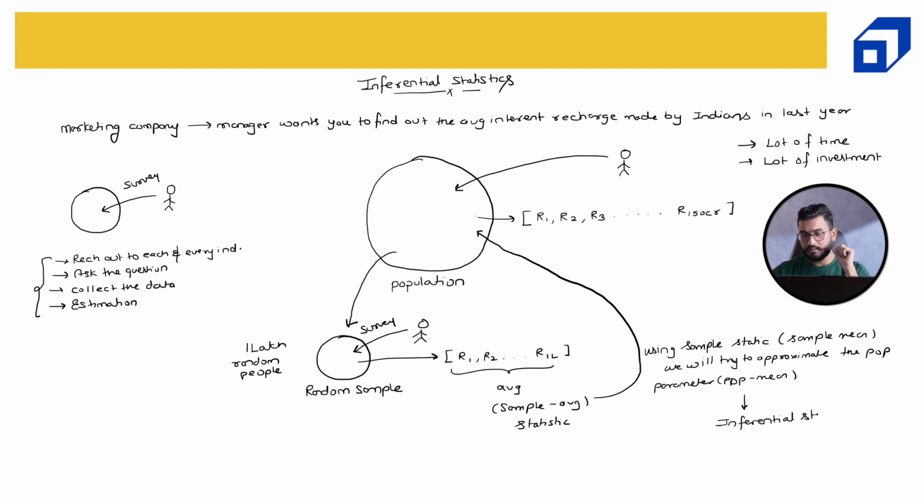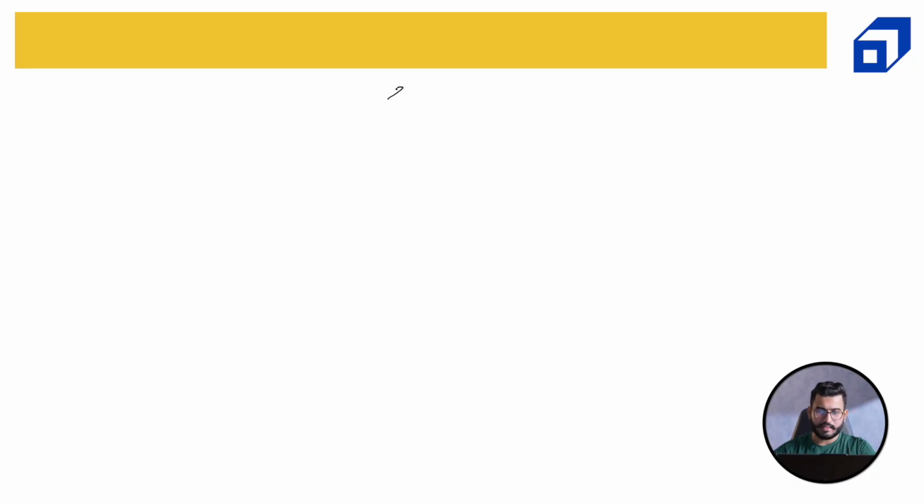Inferential stats. Now before we talk about how to estimate the population parameter, let's quickly understand what sampling and random sampling are. So when we talk about sampling, it is basically the procedure of collecting a few observations from a bigger set, or you may say population.